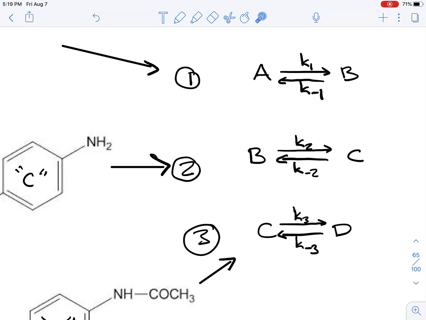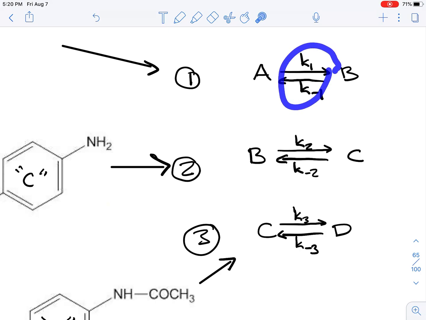For instance, the rate constants in the forward direction in the first step, second step, and third step are all going to be different values because they're different chemical reactions. The same can be said about the reverse reaction for each step.